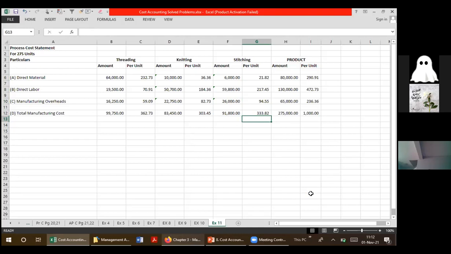Bigger than a job cost statement, right? A job cost statement would have three jobs that would add together to be the total manufacturing of the company. Job cost statements can also be expanded.